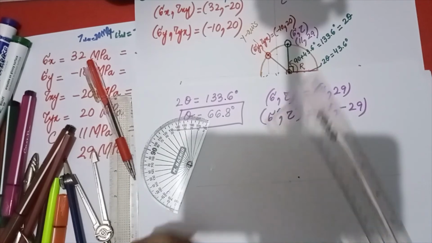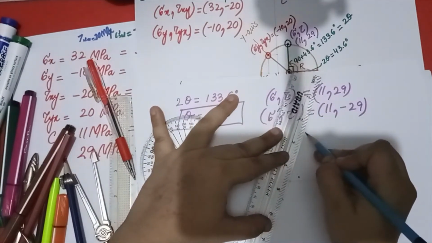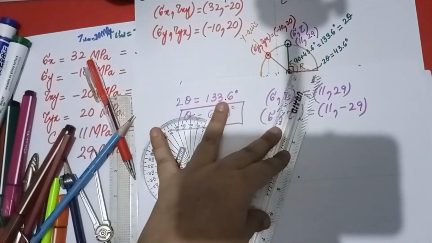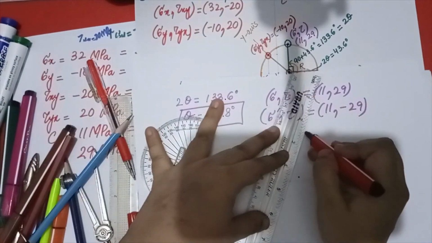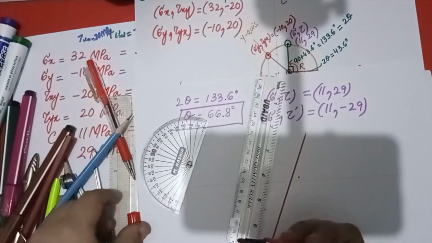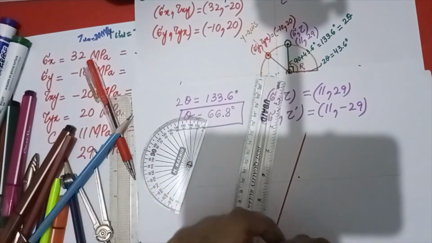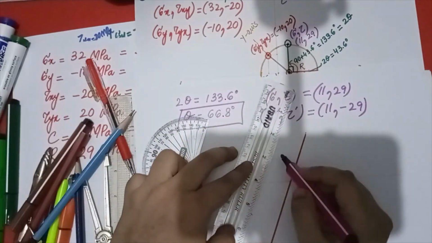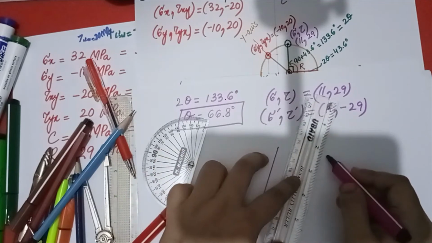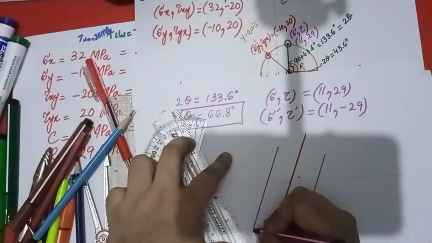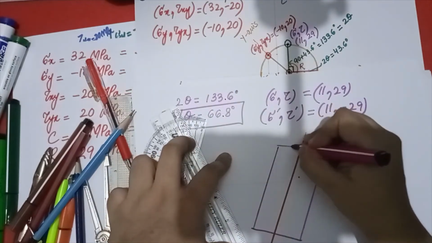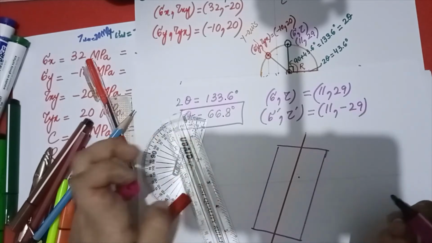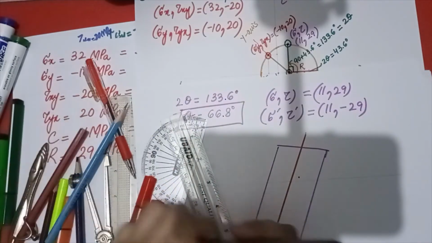So let me extend this line, this point till here. I am using the red marker. So if I take it like this, I have to draw two parallel lines on the opposite sides and join them.